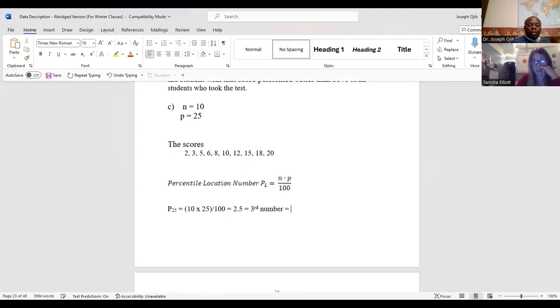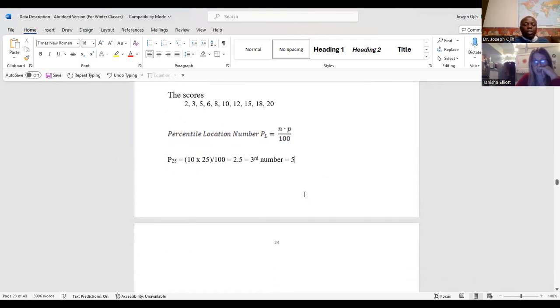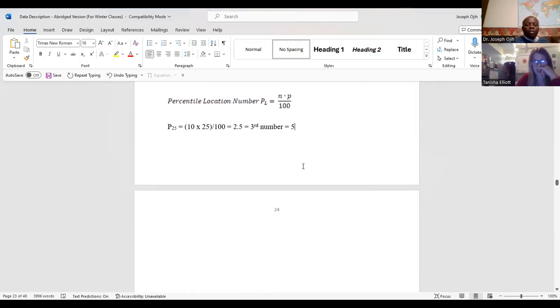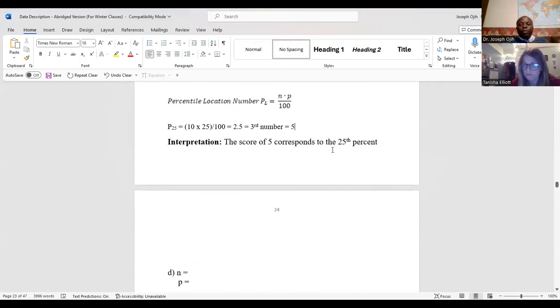Counting 1, 2, 3, that is 5. So that means the score of 5 corresponds to the 25th percentile.